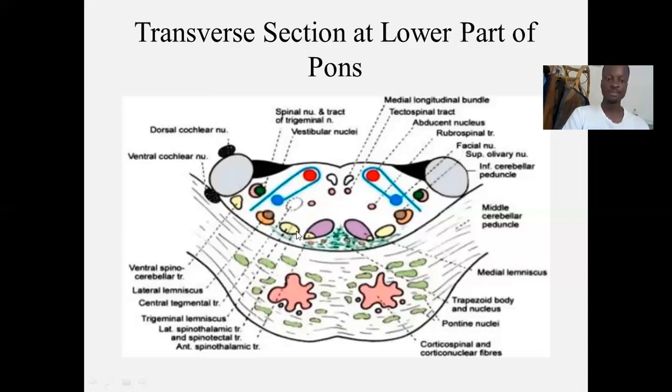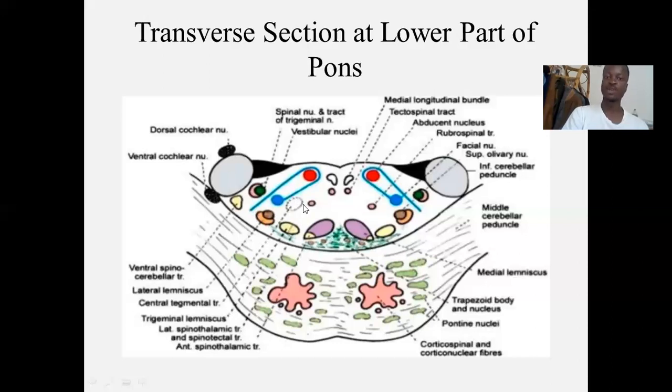Then this here is your medial lemniscus. So you have the medial lemniscus, then the trigeminal, then the spinal lemniscus, which is spinothalamic and spinotectal. Then you have the more laterally placed lateral lemniscus, which is this one.